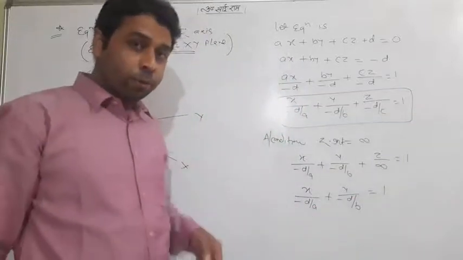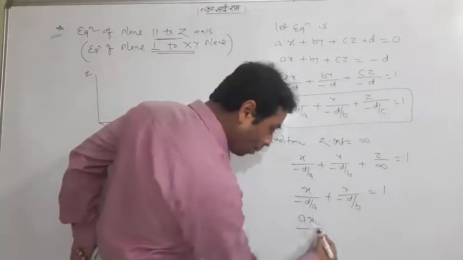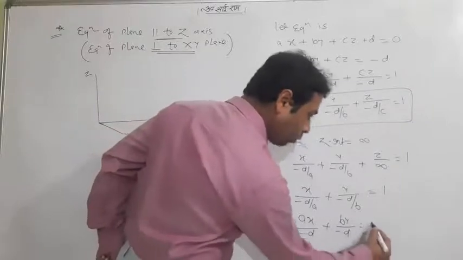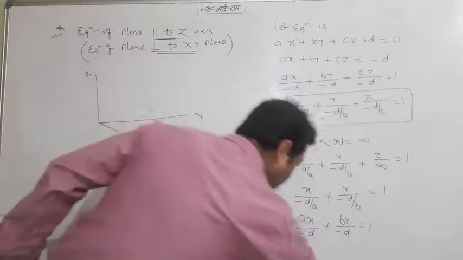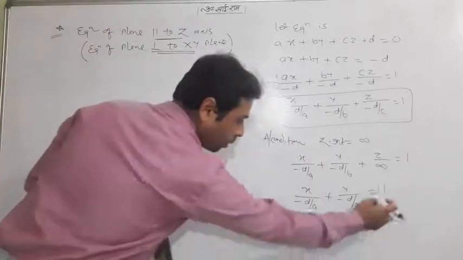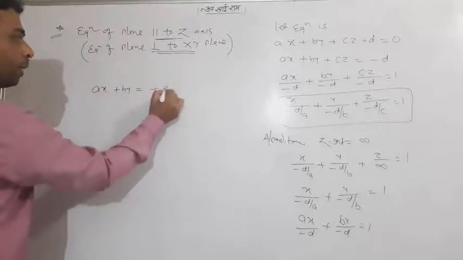So z is removed, a goes up again, b comes up again, giving ax plus by upon minus d equals 1. Minus d transferred to this side gives ax plus by equals minus d.